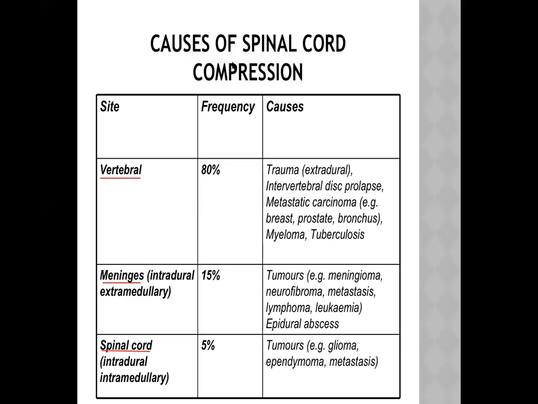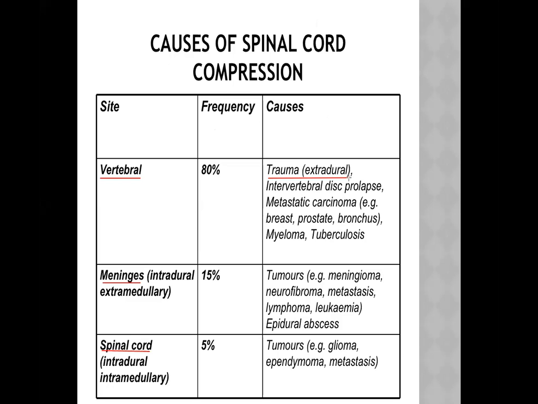Now, what are the common causes from the vertebral side? Trauma, vertebral fracture. Different terms are there. You have studied this in orthopedics already. What is the term we use if a vertebra is fractured?